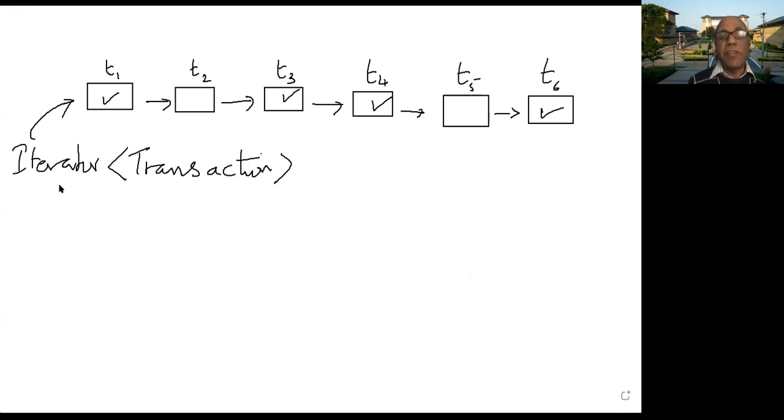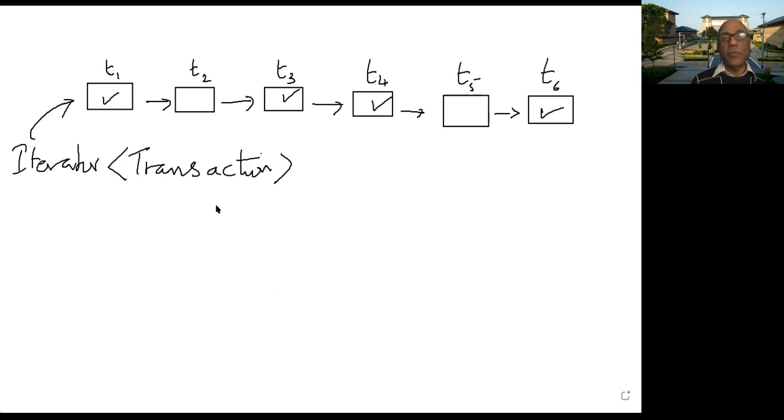But the iterator that we are getting is now going to skip T2 and T5. It will first get you T1, and then if you say next, it is going to give you T3. And if you say next, it will give you T4. And then if you say next, it will give you T6. And at that point, if you check for has next, it will say, I don't have anything more for you. So you are not supposed to call next at that point.